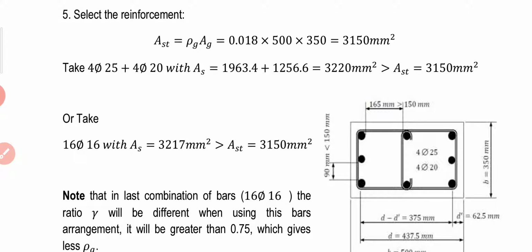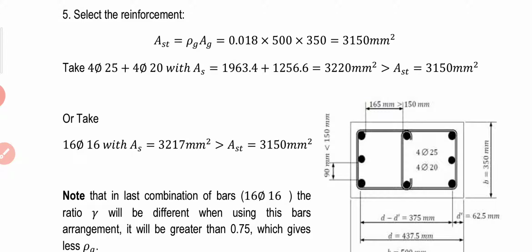We can sum both the values. So we can get 3220 mm square, which is greater than Ast, which we found above. So hence okay.